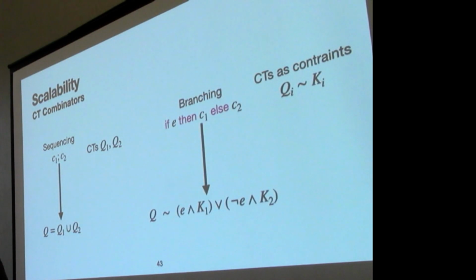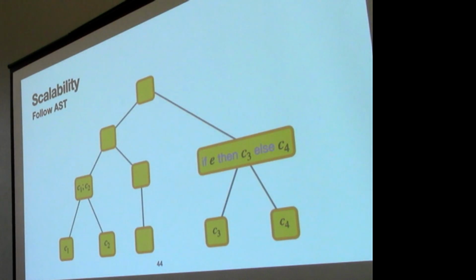So let's say our command has the form if E, then C1 else C2. Let's say you already have constraints that describe the CTs for each branch. Then it's also easy to come up with a constraint that describes the CT for the entire if statement. And we can basically use these CT combinators to build up completeness thresholds in a bottom-up fashion.